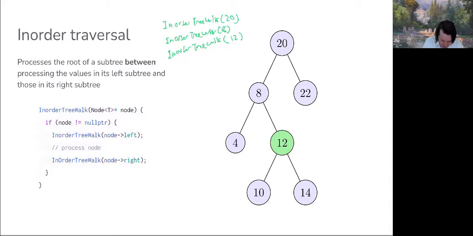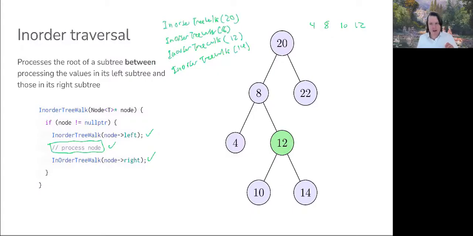At this point, we've gone left. We're now processing 12. So again, if we were printing these values out, 4, 8, 10, 12 so far in order, as one might suspect. And then we have to make our recursive call to the right: inorder tree walk 14.